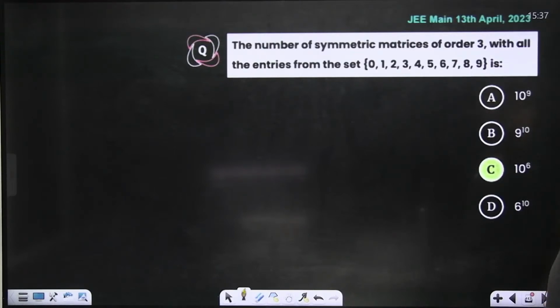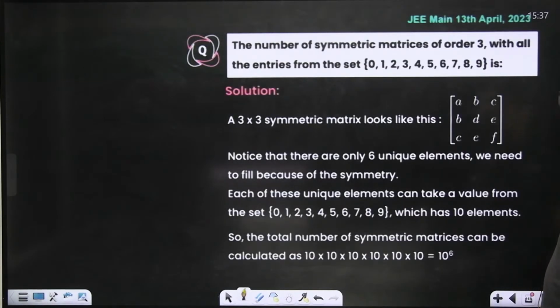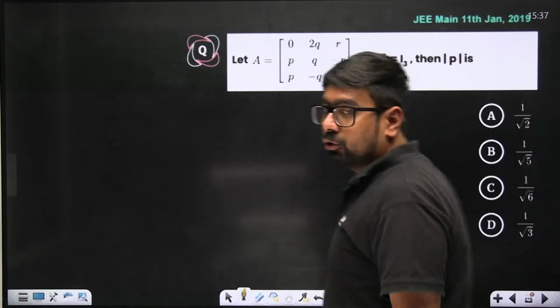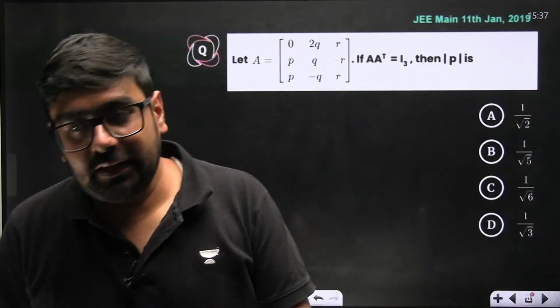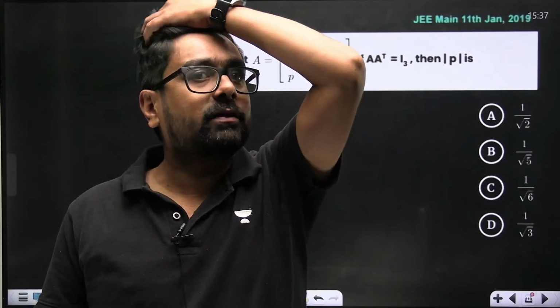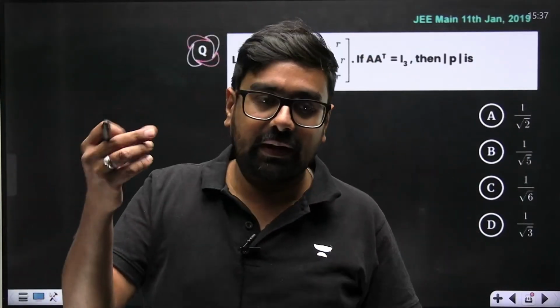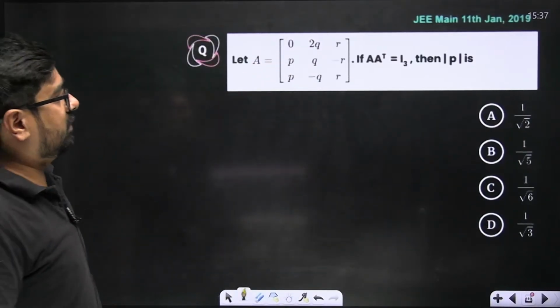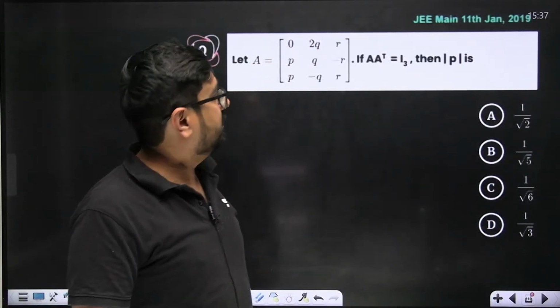This question we did. Now this question. Orthogonal matrix questions are very common, and because students don't study orthogonal matrices very minutely or descriptively, orthogonal matrix questions are also a favorite of JEE Mains.